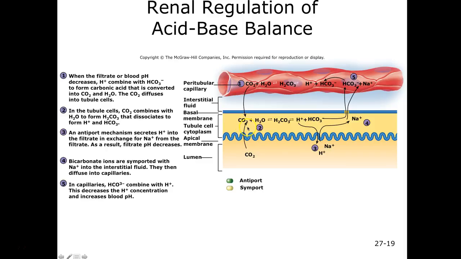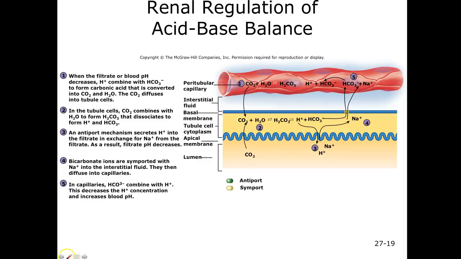So I want you to imagine that we are in your proximal convoluted tubule. So this is happening at the PCT. Our carbon dioxide is going to shift through this equation again. Carbon dioxide will combine with the water, we dissociate, and we get to our hydrogen and our bicarbonate ion.